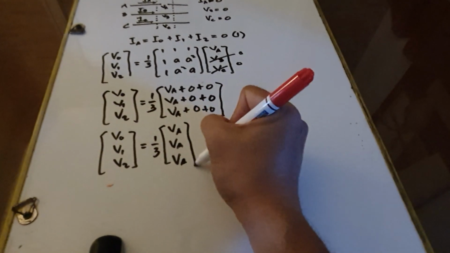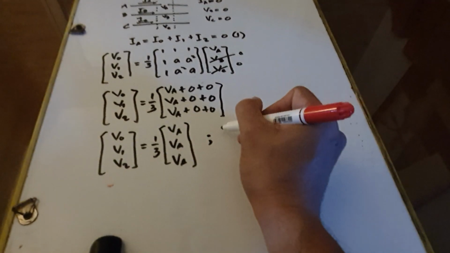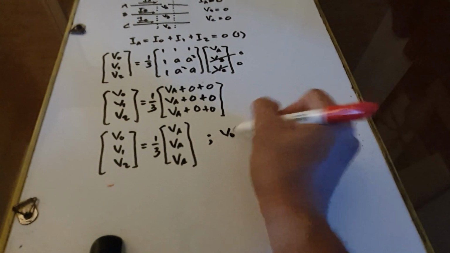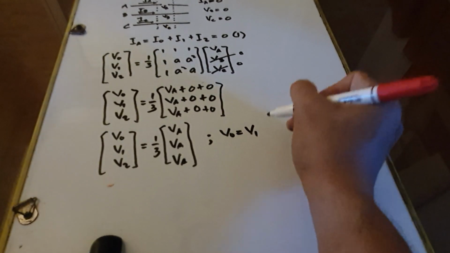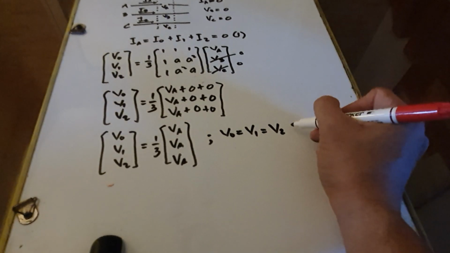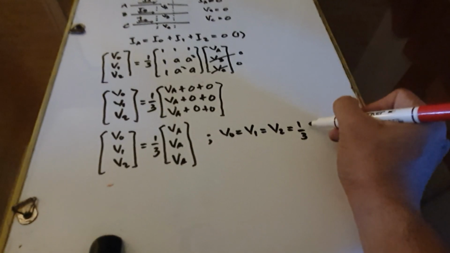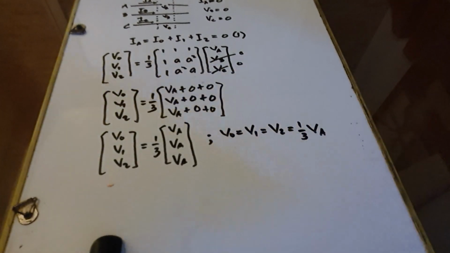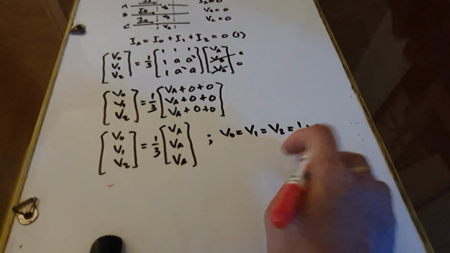So therefore V0 is equal to V1 is equal to V2, which is equal to 1/3 VA, right? So they are equal.